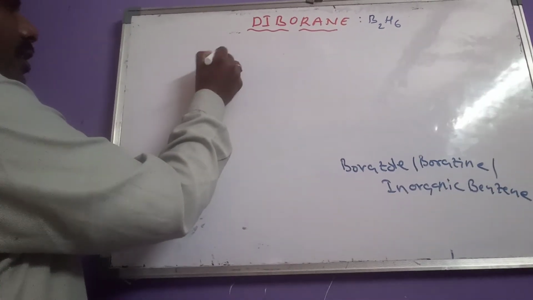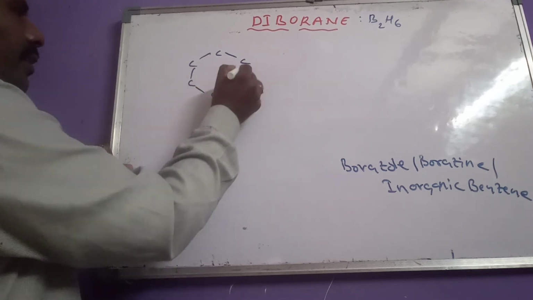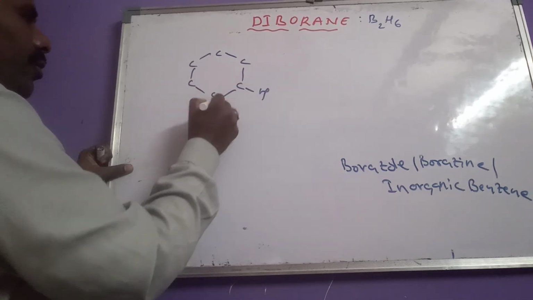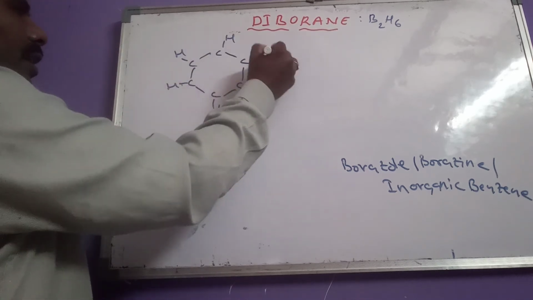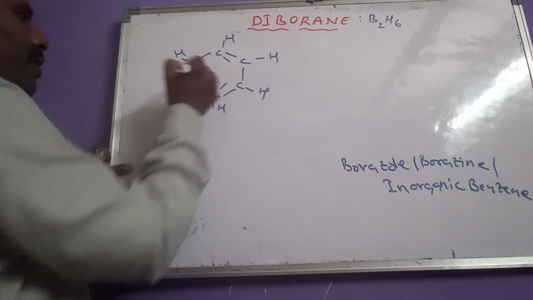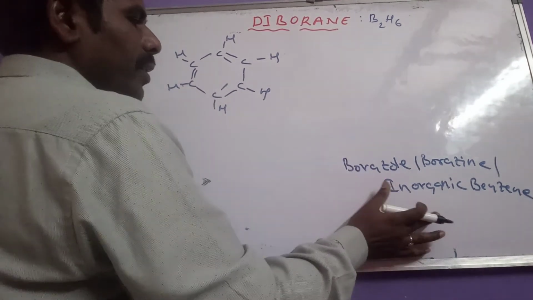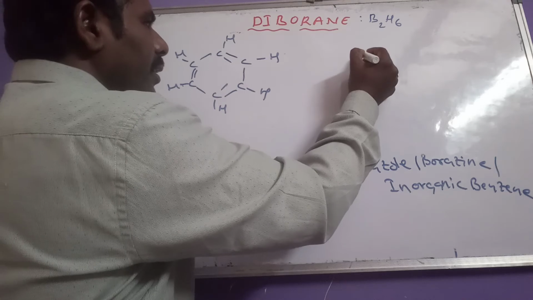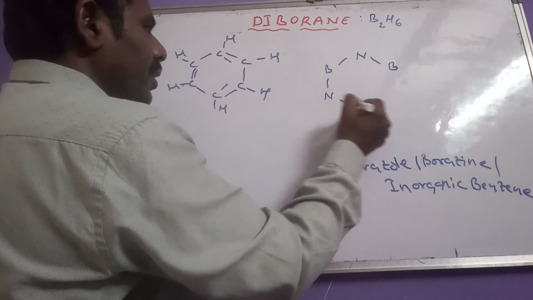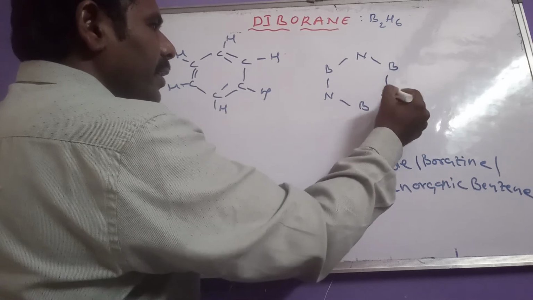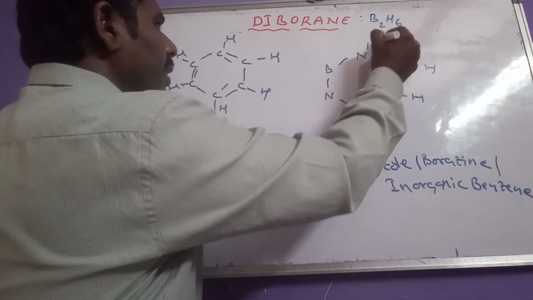We know the structure of benzene: it has this type of structure, hydrogens are bonded to carbon and alternating pi bonds are present. Now this inorganic benzene also has the same type of structure. So that's why this is known as inorganic benzene.